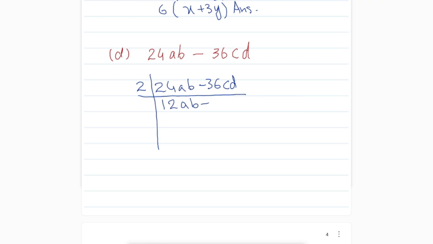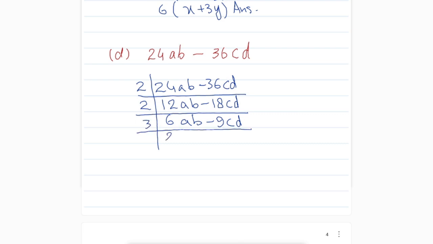Minus 2 18s are 36, cd. And still this is divisible by 2. Okay, we are dividing: 2 6s are 12, ab. Minus 2 9s are 18, cd. Again, we'll be looking: the first one is divisible by 2, but that's not the second one. But both the numbers are divisible by 3. So we'll be dividing by 3.